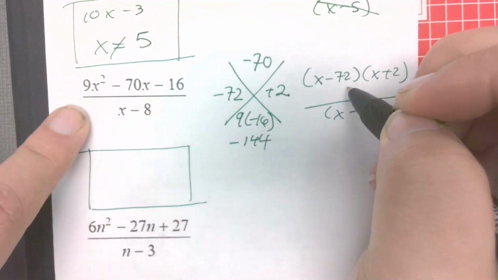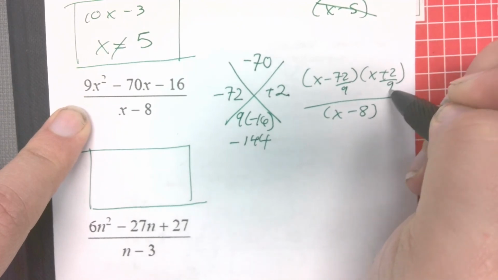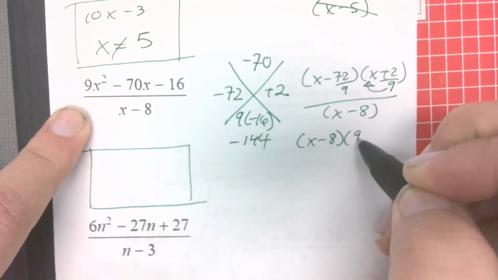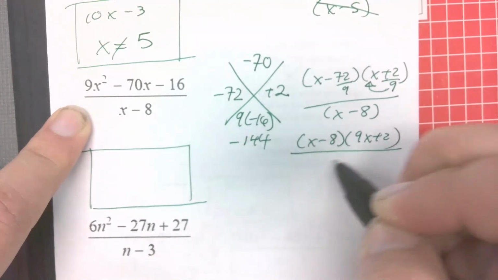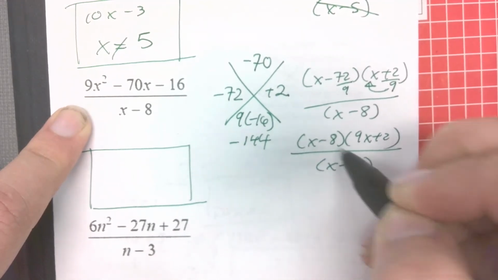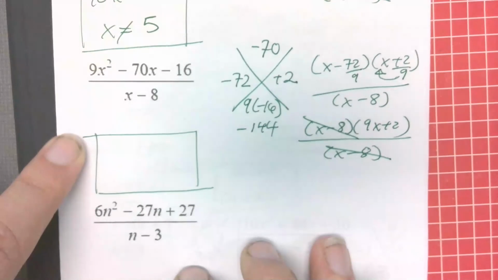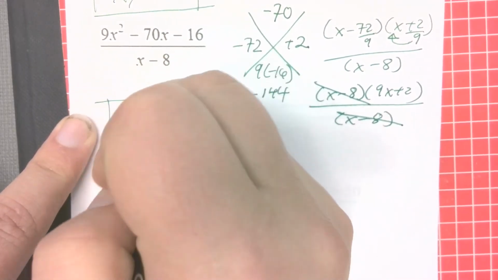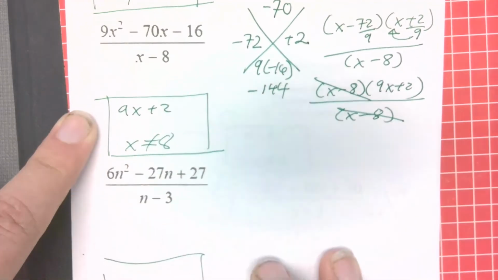And that's when I was like, oh yeah, I forgot to divide by 9. So then I had x minus 8, 9x plus 2, x minus 8, cross them out, you're good to go. So I just have 9x plus 2, and x cannot be 8.